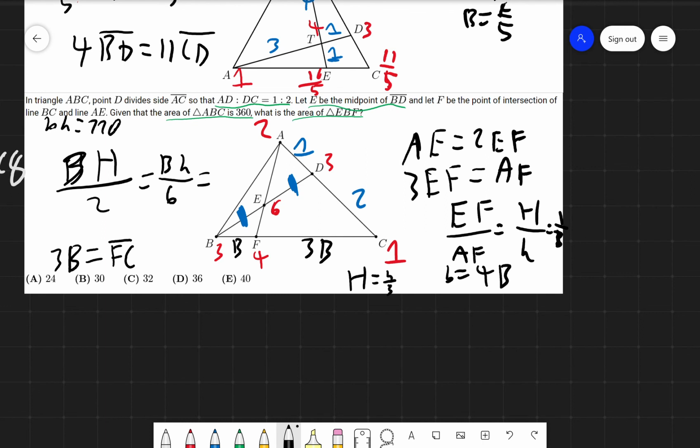So this is equal to bh over 4 times 6, which is 24. Cool. Now we have the area of EBF in terms of bh. That's equal to 720 over 24, which is the answer. But we need to simplify it. If we simplify it, we get 360 over 12, which is 60 over 2, which is 30. Our answer is B.